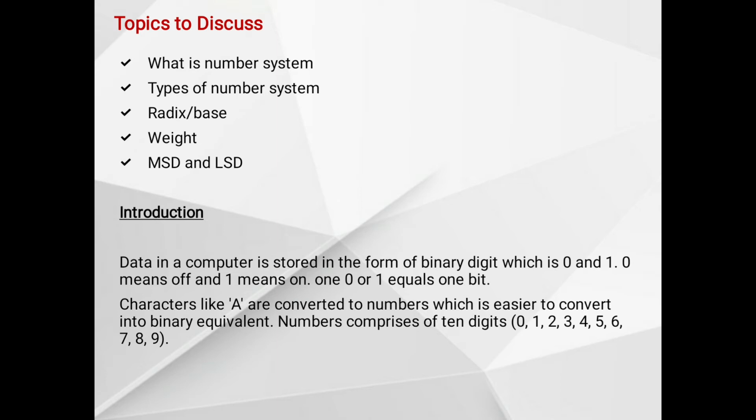These are converted to integer numbers, which makes it easier to convert them into the binary equivalent for the computer. All the numbers are formed from only 10 digits, and based on these 10 digits we can form different numbers.